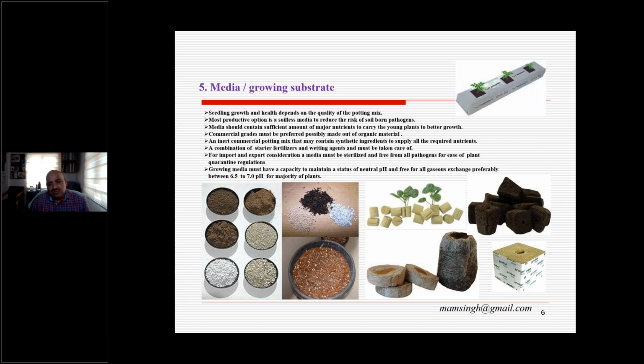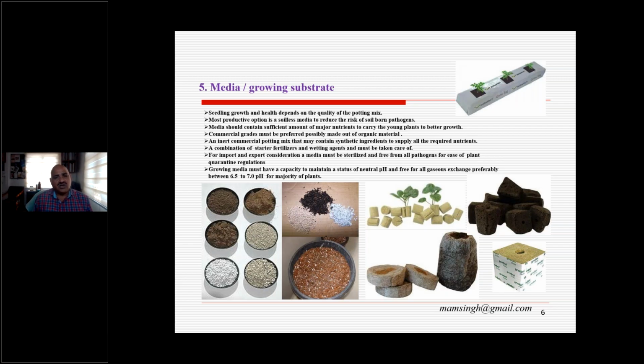It is very important to use an additional layer of vermiculite even after the seedlings have emerged.